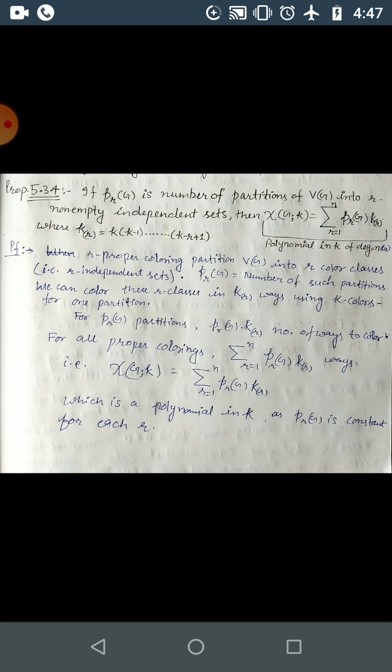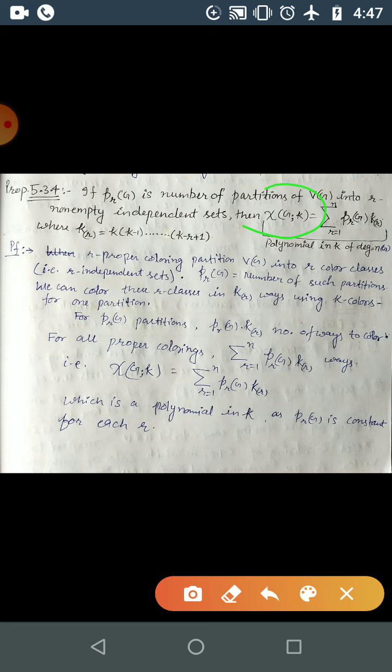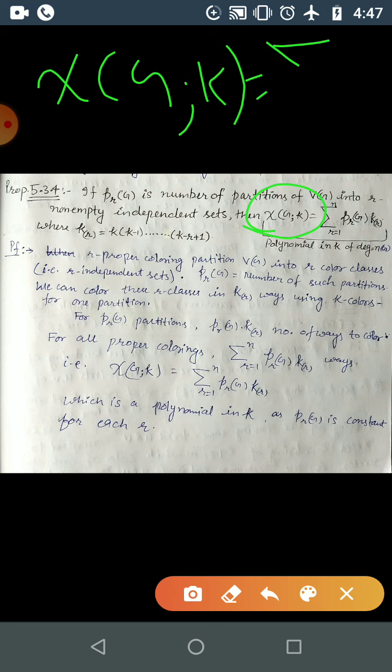Then the chromatic polynomial of G, when k colors are given, will be the summation of the number of partitions of G into R non-empty subsets, multiplied by KR.